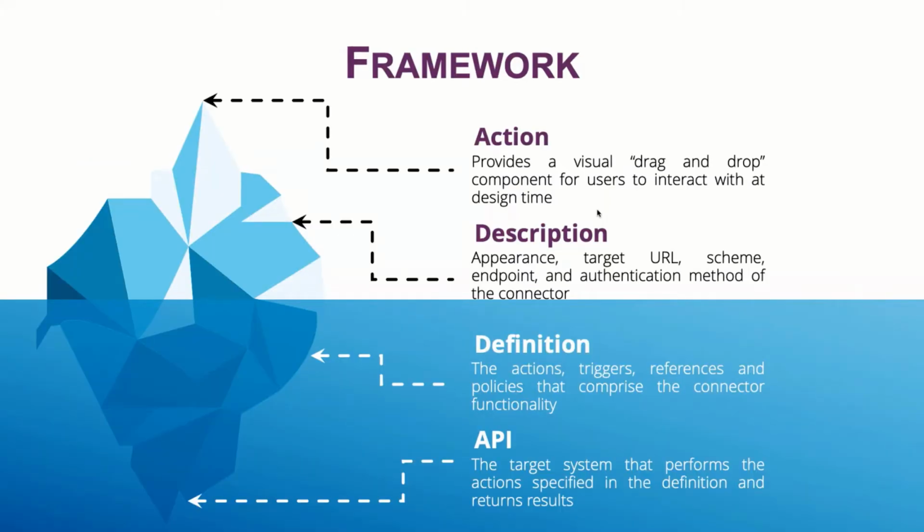Now, the framework for building these custom connectors consists of things that you kind of see and things that you kind of don't see. There is a very nice wizard for building at least basic connectors. We're going to walk through that here in a few minutes to show you how that functions. And that wizard builds connections that are applicable in both Power Automate and the Power Apps platform.